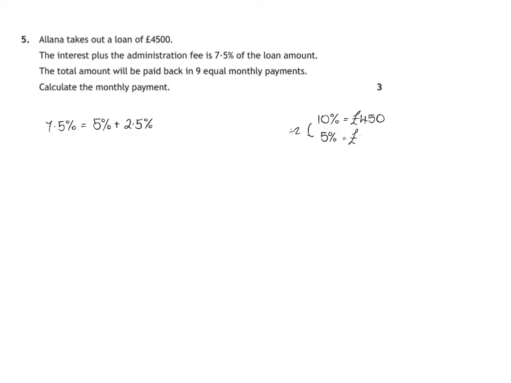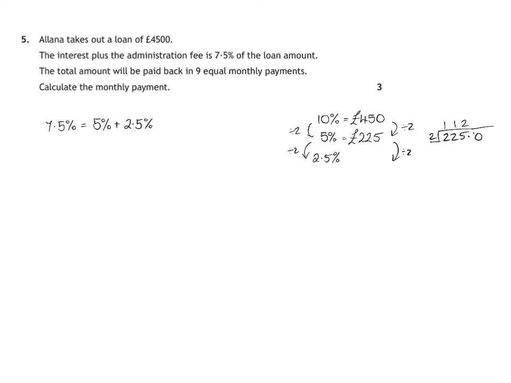450, half of that is going to be £225. So I'm halving both of them. And then I can keep going in half again to get my 2.5%. This time it's not so nice, so I'm going to do it actually over here. So divide by 2, so 2 into 2 is 1, 2 into 2 is 1, 5 into 2 is 2, remainder 1.